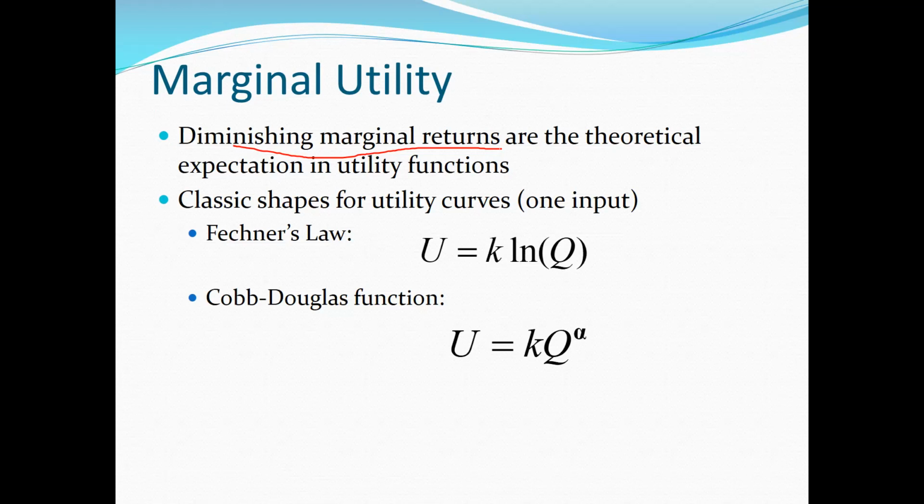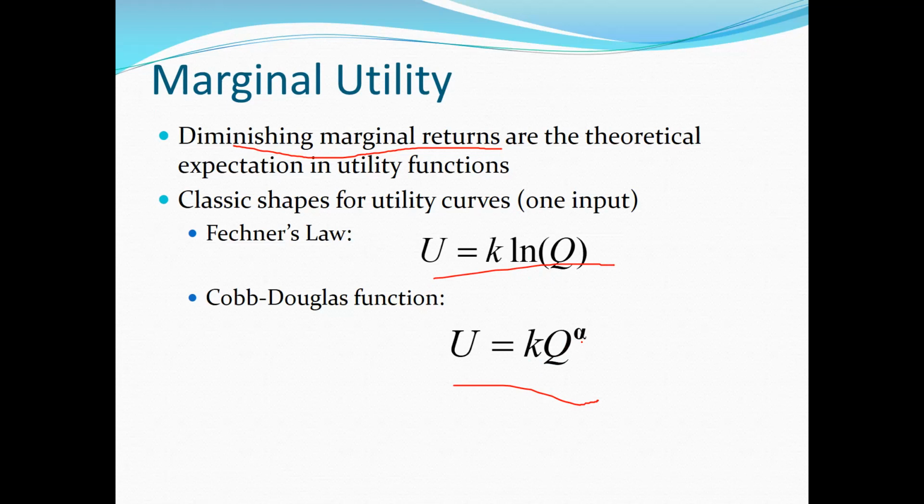So what you try to do is come up with some theoretical functions that have that property, where the marginal utility, which is the utility of consuming one more unit of the material, diminishes. You try to have functions like K times ln Q. The natural log function has that property, and the Cobb-Douglas function also has that property, where K is a constant, Q is the quantity demanded or consumed, and alpha is a constant also.